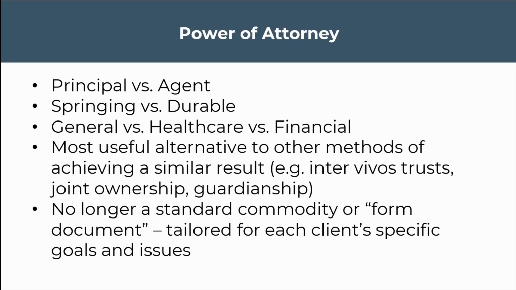So if you have 2 different people named to handle it, it can be a little bit difficult to get answers out of the billing department at a hospital, because they don't want to give any medical information to the financial agent, and they don't want to give financial information to the healthcare agent. So these are considerations that you really have to take into account when you're doing these things.